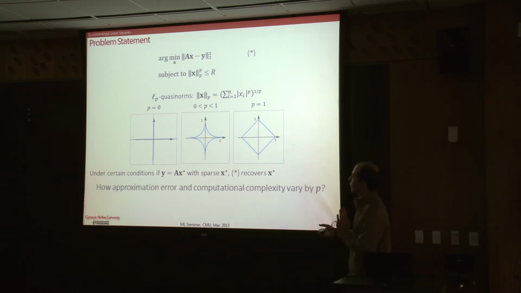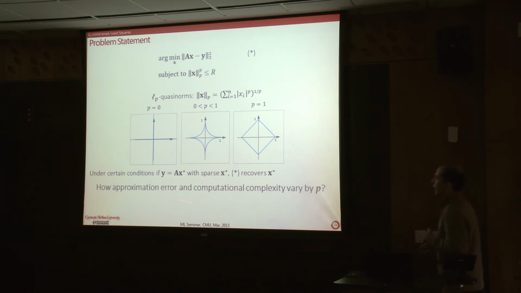In 2D, the Lp ball is going to give you the axes, and for p between 0 and 1, we get something like this, which is a non-convex ball, and for p equal to 1, you get this diamond shape, which we are familiar with. It is known that under certain conditions, if you can solve this, and there's no noise, then the solution is going to be exactly equal to the sparse parameter that you have at the beginning.